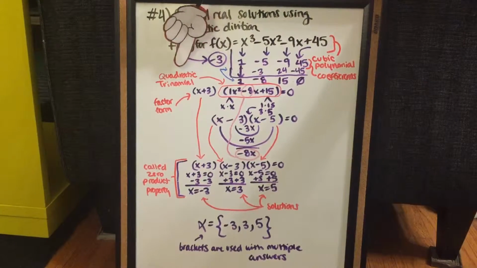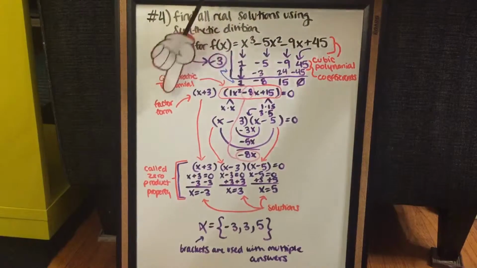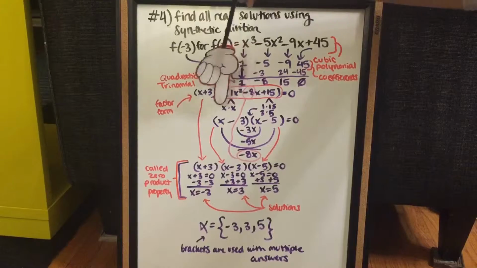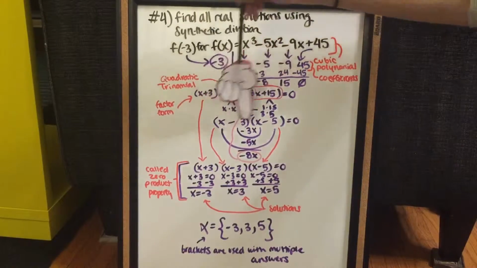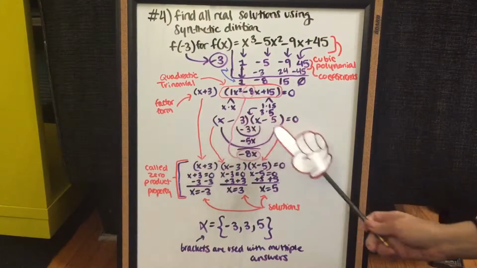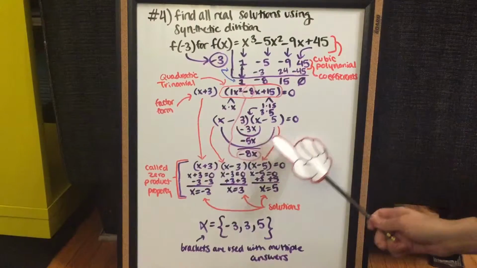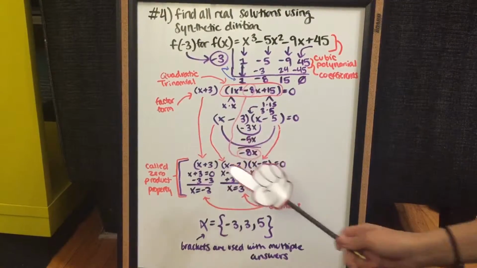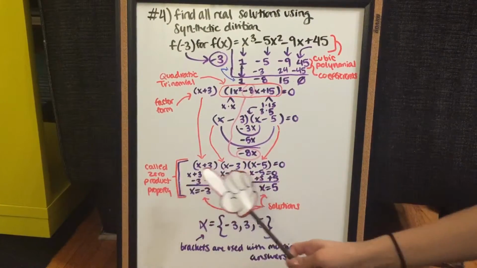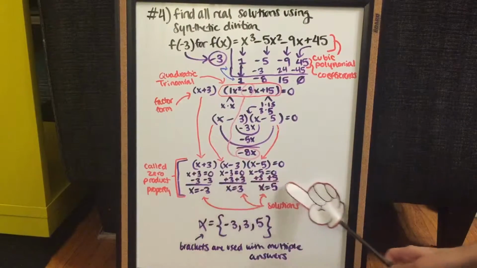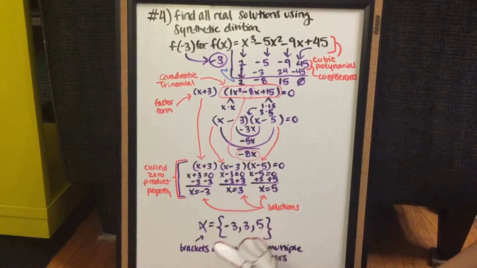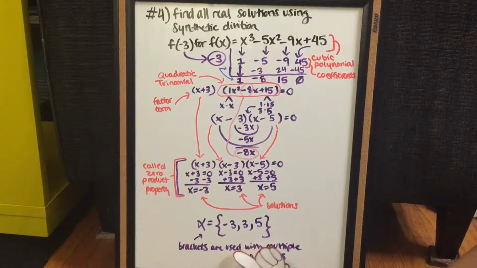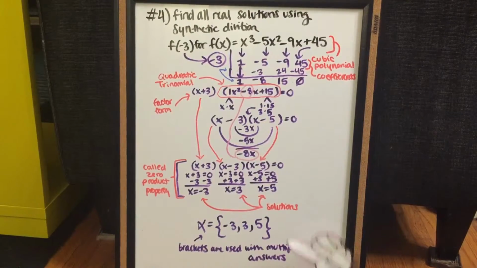Then it goes down to form the quadratic trinomial with our factor form, and then it goes into the grouping with our various multiplication, and use the zero product property to find the solutions, and this is our answer, but it has brackets because brackets are used with multiple answers.